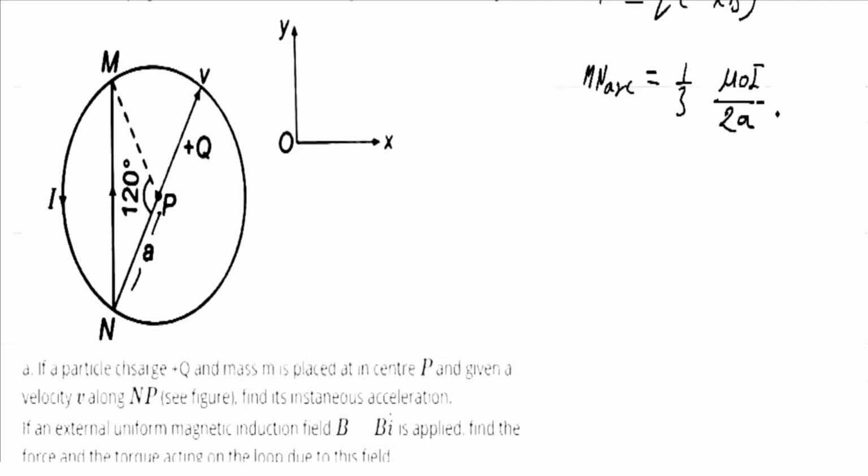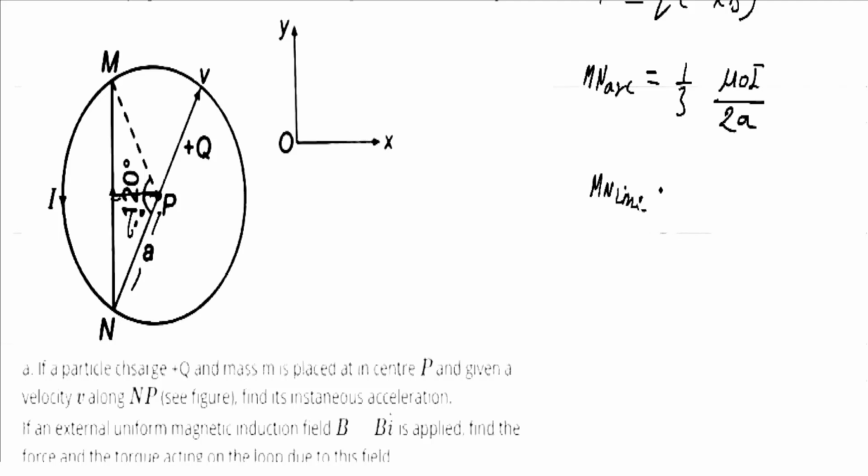This is out of the plane. Now the magnetic field due to the MN line: here this is the distance, and this is the 60 degree angle.